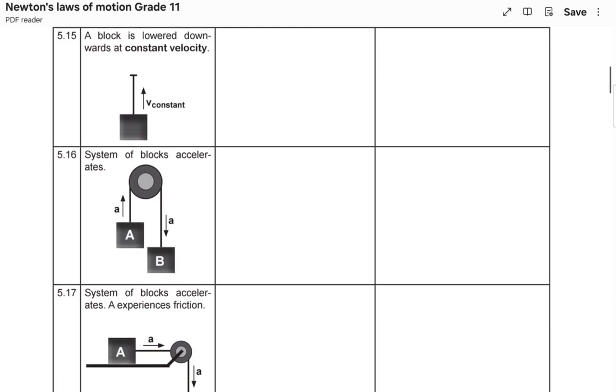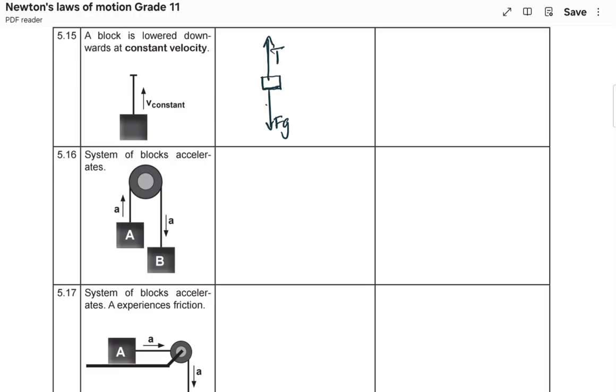All right. A block is lowered at constant velocity. So now I'm having the weight, which is the gravitational force, and now I'll be having tension on that side.